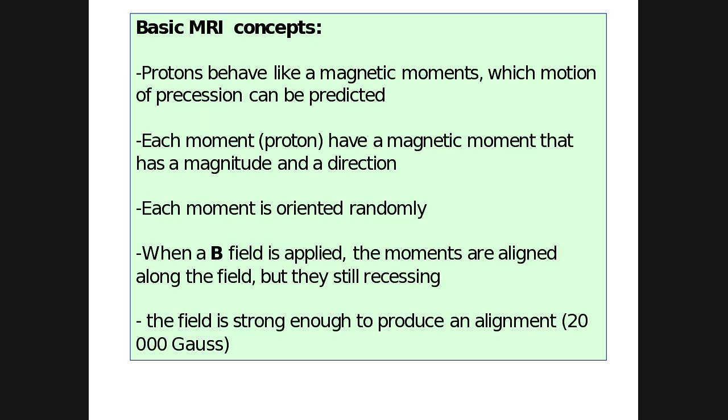So this is why protons are considered a magnetic moment. Magnetic moment means they are magnetized in nature, and when a magnetic field is applied, the moments will align, just like very small magnets.